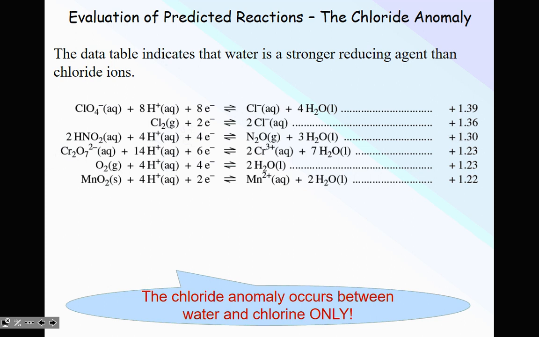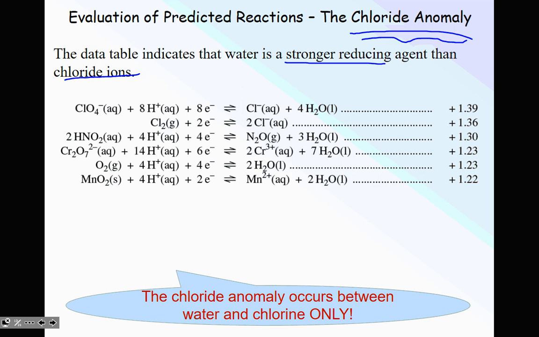So evaluation of predicted reactions, the chloride anomaly. The chloride anomaly happens if 2 things are in place. It's an electrolytic cell, and the second one is that it only occurs between chlorine or chloride and water. So the data table indicates that water is your stronger reducing agent than the chloride ions.